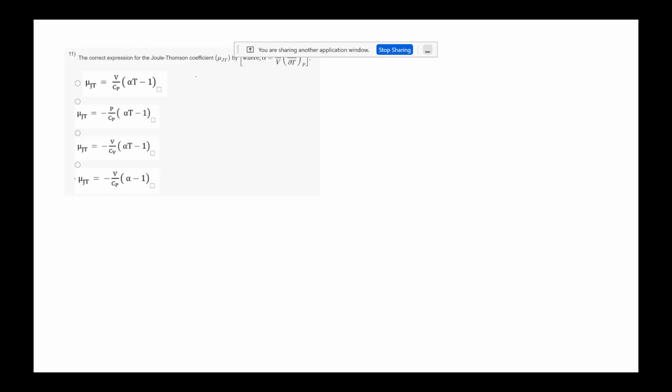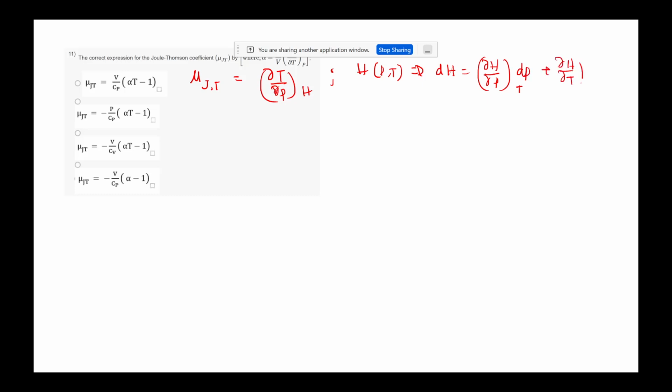So mu JT is del T del P at constant h, and h is a function of P and T. If you write it that way, then delta h will be del h del P at constant T dP plus del h del T at constant P dT.